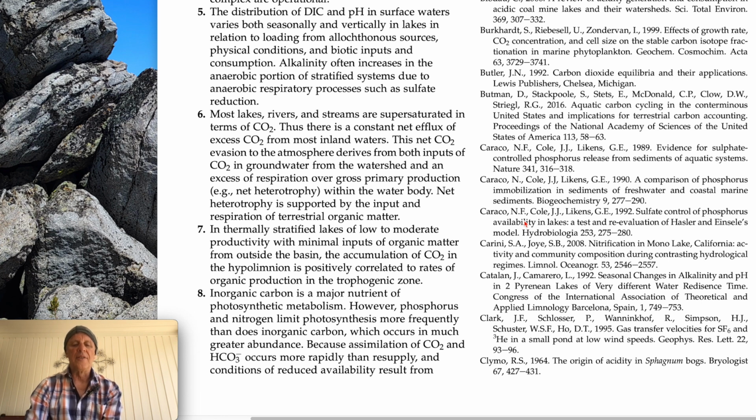Inorganic carbon is a major nutrient of photosynthetic metabolism. However, phosphorus and nitrogen limit photosynthesis more frequently than does inorganic carbon, which occurs in much greater abundance.